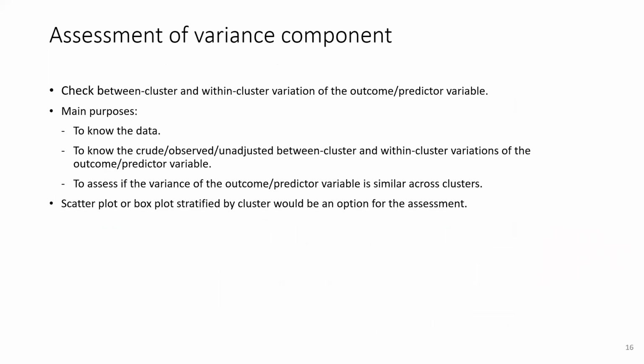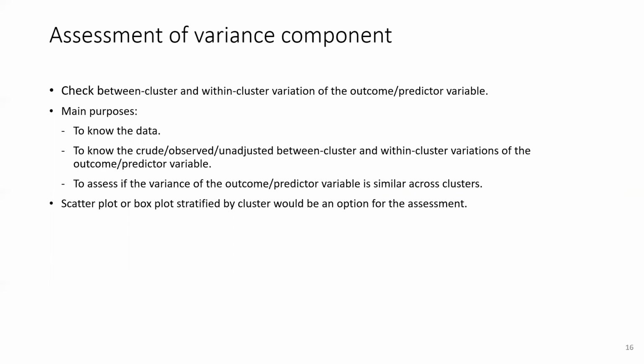So, the summary about the variance component. This is to check again between-cluster and within-cluster variation of the outcome or predictor variable. And the main purpose is, again, to know the data before we start modeling. Second, we try to know the crude, observed, or unadjusted between-cluster and within-cluster variation of the outcome or predictor value.